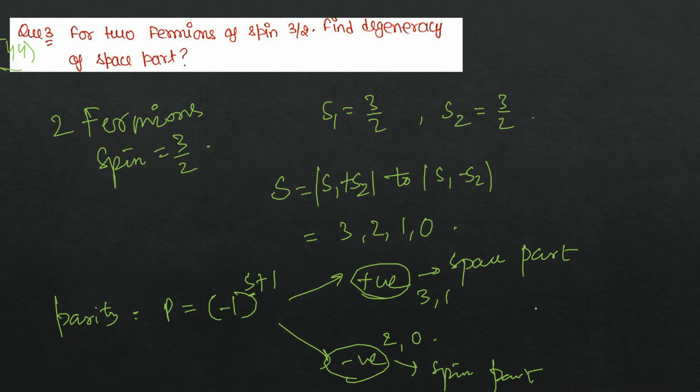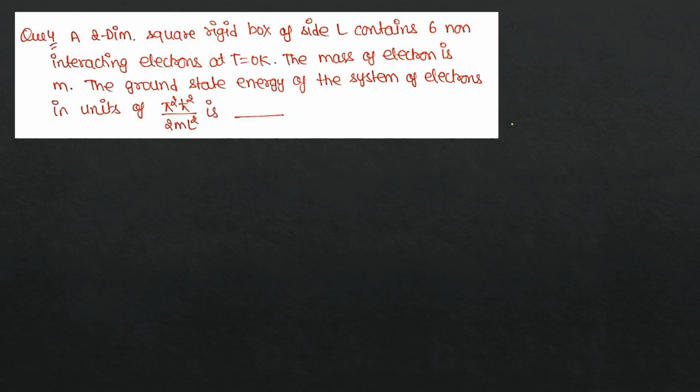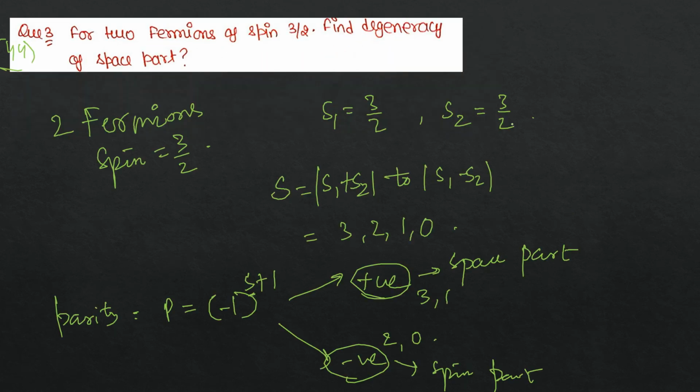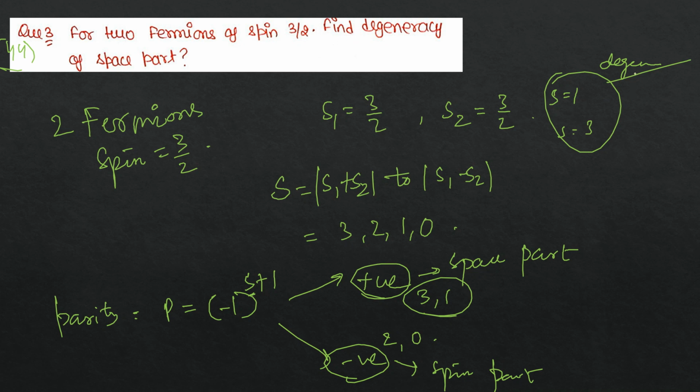So how will I write the degeneracy now? For the space part I will take only 3 and 1, S equal to 1 and S equal to 3. Degeneracy is 2S plus 1: 2 into 1 plus 1 is 3, and 2 into 3 plus 1 is 7.